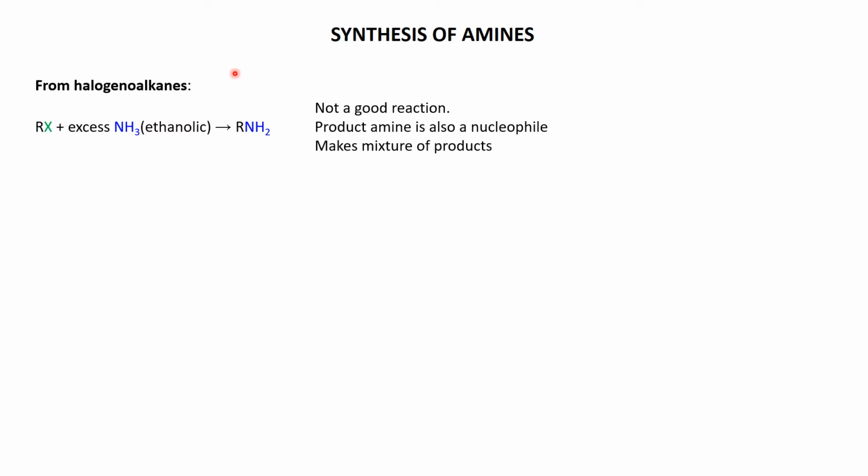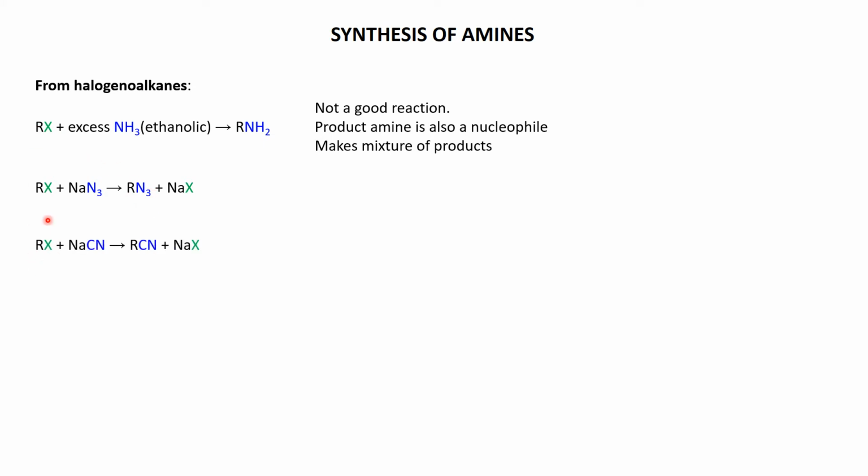Now you can make amines quite nicely from halogenoalkanes using a couple of reactions that we've seen to different extents. First of all, we talked way back about reacting halogenoalkanes. It's one of the possible substitutions with N3, with this azide, to make an alkyl azide.